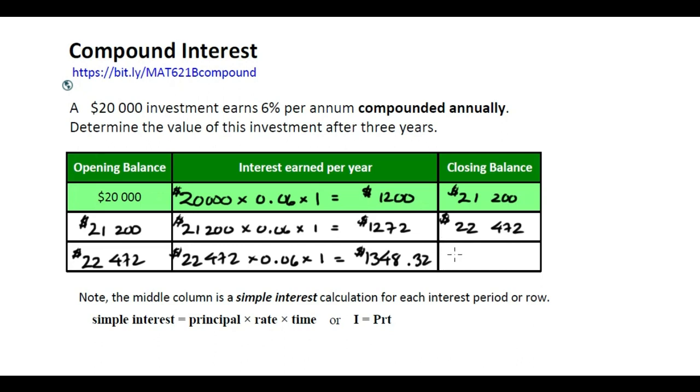And then our final closing balance is not $23,600, it's a little bit more. It's $23,820 and 32 cents. So we gained a little bit more money, and that's because we're not just earning 6% on $20,000, we're earning 6% for 2 years on the $1,200, and for 1 year on the additional $1,272.